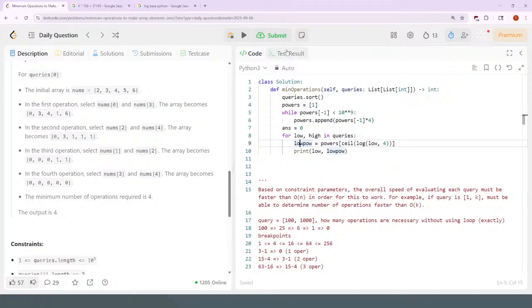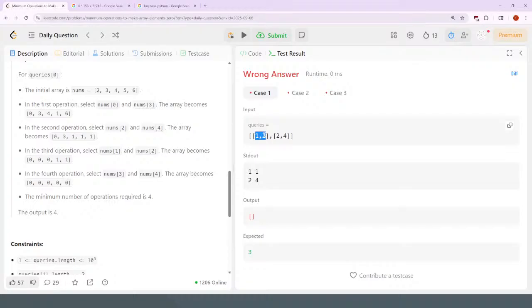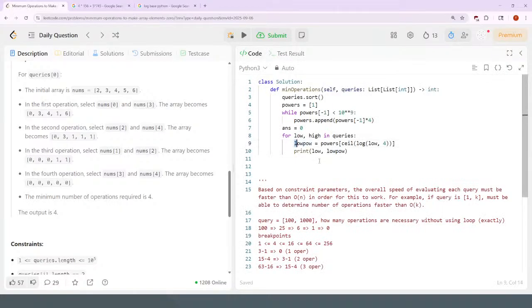So if I have a range that is 1 to 2, 1 and 2 are both in that bucket. So I think it's gonna work.